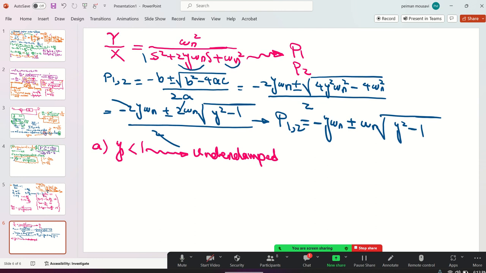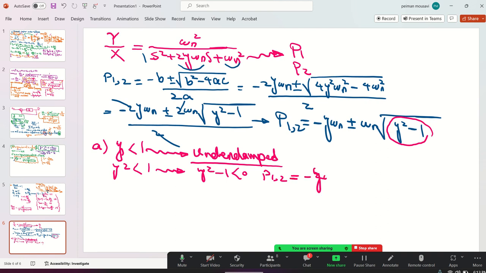Physically that's what it means. If zeta is smaller than 1, zeta squared minus 1 is smaller than 0, and this is a negative number. We don't have that in mathematics, so we have to write it as minus zeta omega n plus minus I, the square root of minus 1.